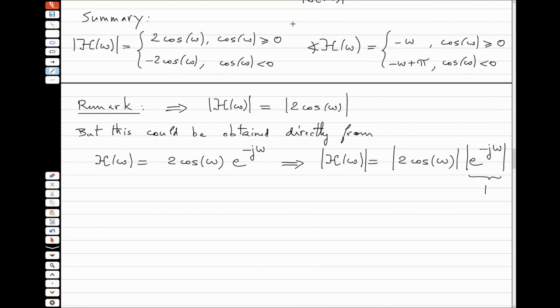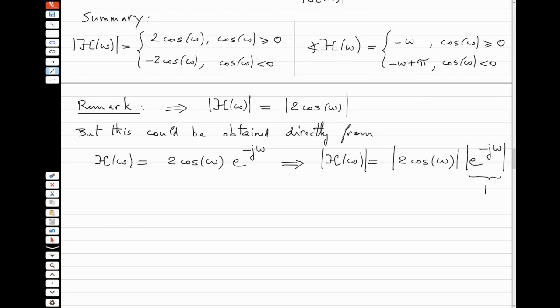All right? Now I'm ready to plot. I want to plot this function. And I hate plotting cosine on a tablet. So I'm going to cheat.